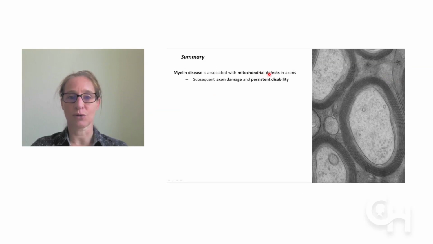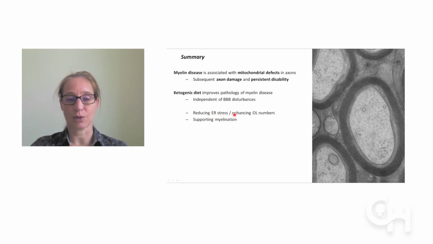To summarize my talk, we found that myelin disease in PMD is associated with mitochondrial defects in axons, which quite likely lead to axon damage and persistent disability. When we feed mice a ketogenic diet, this improves the pathology of PMD independent of blood-brain barrier disturbances. It reduces ER stress, which I haven't shown you today, but it also enhances oligodendrocyte numbers and supports myelination.